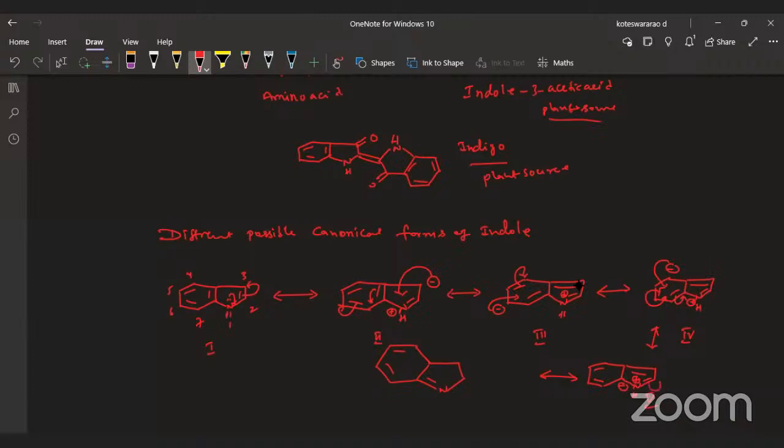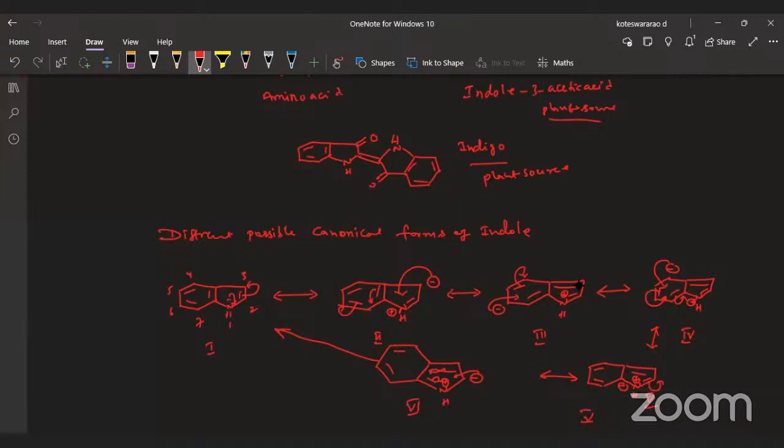These electrons are moving to this position. That means there is no change in the positive charge. This double bond is off here. Again, this negative charge is donated to here, this will be moving to here, and this will be moving to here. Now it produces the original one. This is the fifth one, and this is the sixth.